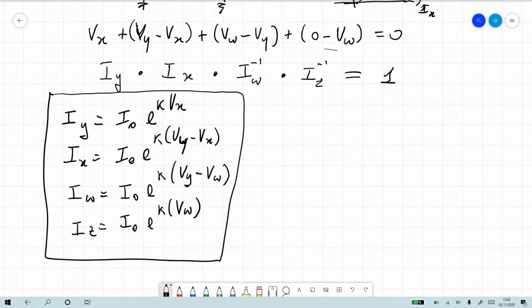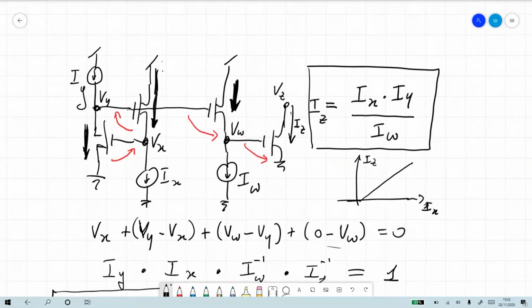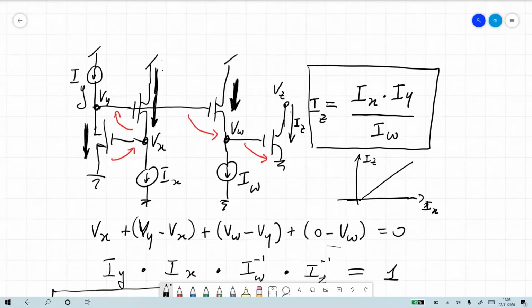And if kappa is not 1, it's usually 0.7. Could be 0.8, but it doesn't get higher than that. So it will be something that gets in the way, and it's an approximation. But I will show you other circuits in which this kappa can be reduced or minimized.